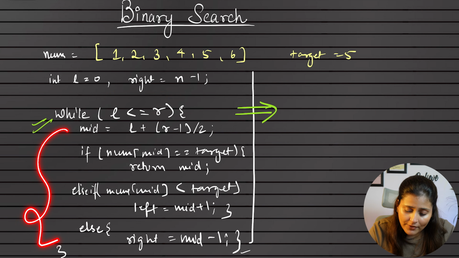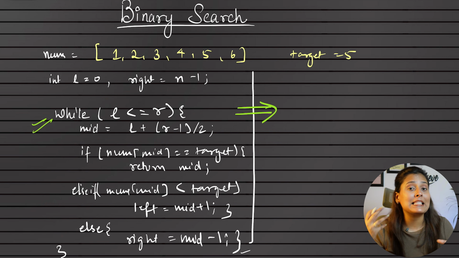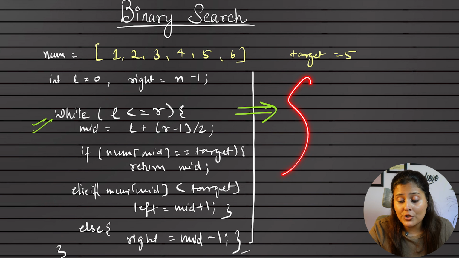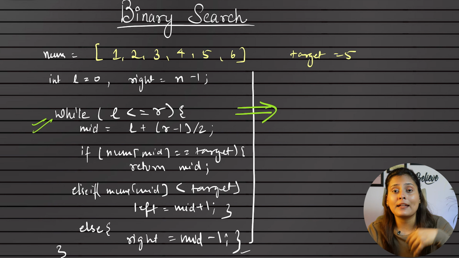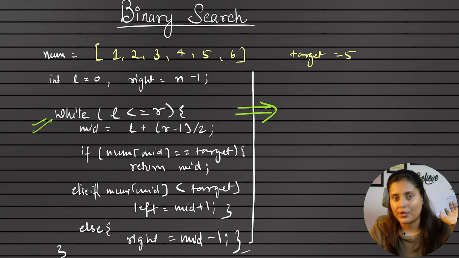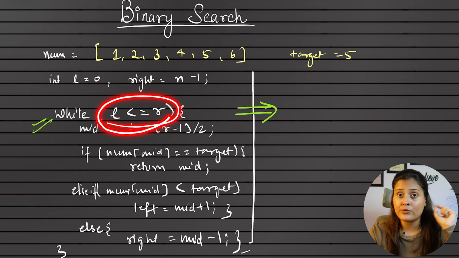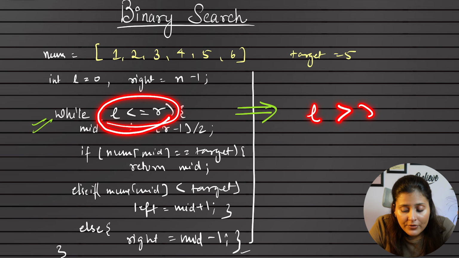We want to run until left is less than or equal to right. So when do we want to stop? In recursion it keeps on running, so to stop we have to add a condition, right? If left is less than or equal to right, it is valid. So if we want to stop, the base case should be if left is greater than right.